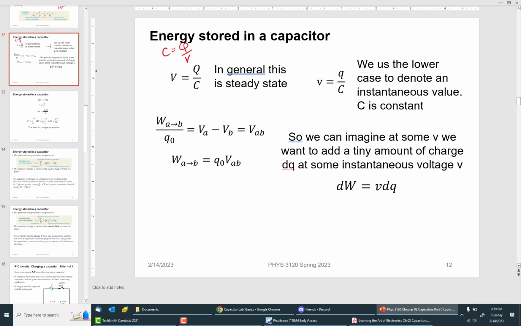We've connected a battery, and we waited till the end of the day to make sure the capacitor is full. There's no more current flow. Steady state. But of course, capacitors aren't very useful in DC circuits. They're never used in DC circuits.